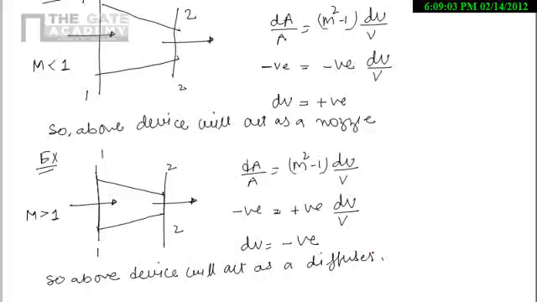So in this way we can easily decide whether the device will work like a nozzle or diffuser. Now I will talk about some of the important facts about the nozzle, that is discharge through the nozzle and what will be the condition for its maximum value.